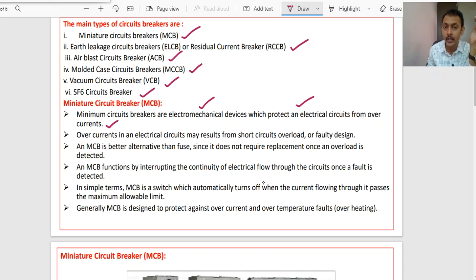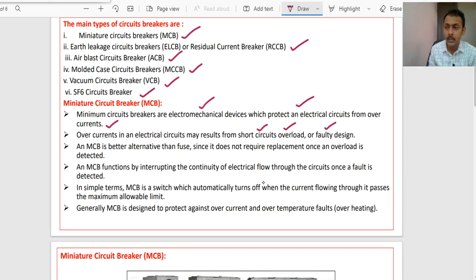These overcurrents arise due to short circuit conditions, overload conditions, or some faulty design. So, three possibilities are there: the occurrence of a fault, an overload condition, or a short circuit condition may result in overcurrents in the electrical circuit.